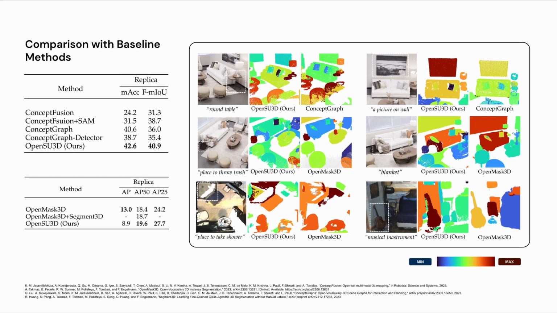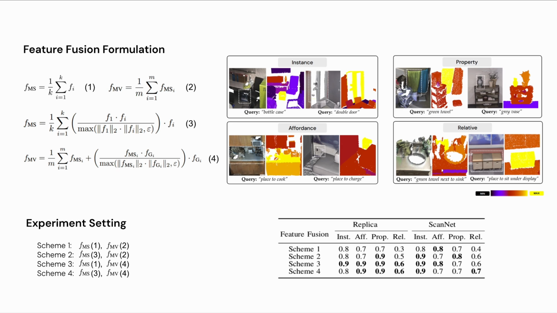We evaluated our method against recent state-of-the-art methods. Using the same experimental setup as the baseline methods, qualitative and quantitative evaluation demonstrated better performance in open vocabulary instance recall and segmentation. We additionally propose a novel feature fusion formulation that better incorporates surrounding information, enhancing our ability to handle complex contextual queries.